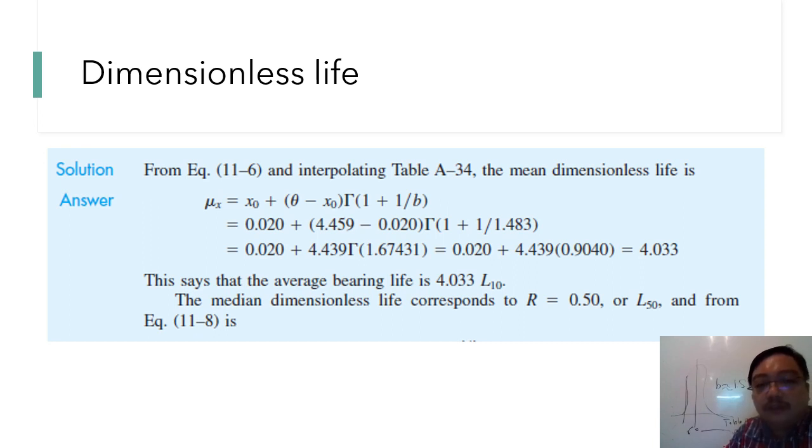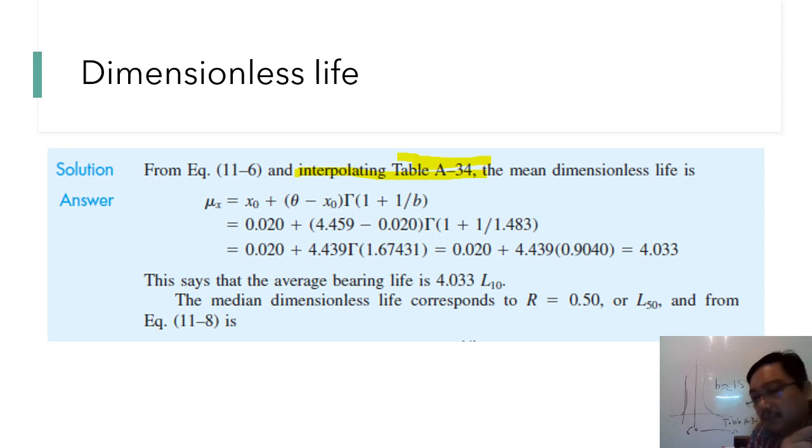Solution for equation 11c: interpolating table A34, the mean deviation line is given, meaning that you should have table A34 with you. If you have the textbook, you can go to the last pages of the textbook, see table A34, and get the value from the table.